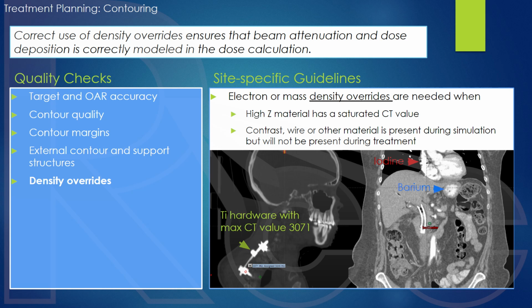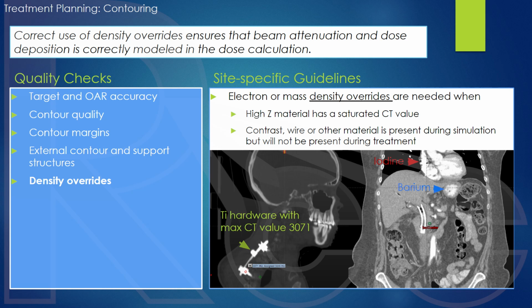On the CT images, a high Z material can have a saturated CT value. It's important to know what that material is to then use the correct override. Moreover, if contrast, whether it be iodine contrast through an IV, or barium contrast through a swallow, or other materials present in the simulation, we need to know if it's going to be present at treatment.